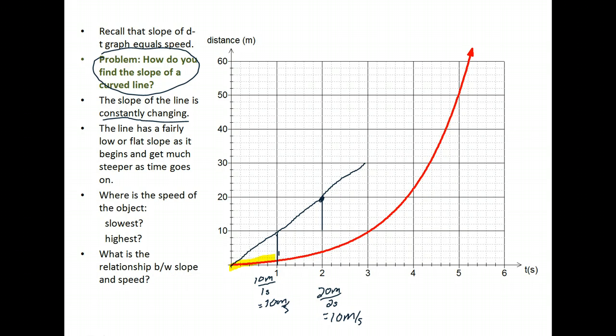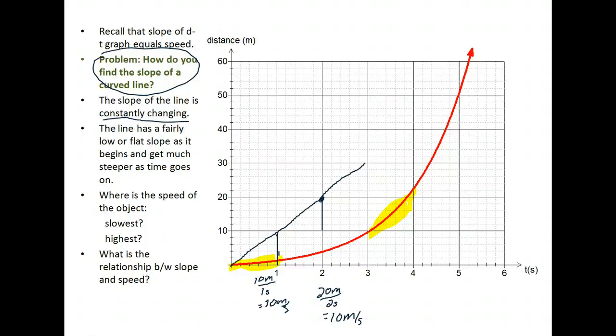So if you look at the slope here and try and compare it to another section of the graph, say here in another 1 second interval, the slope at this part is much steeper than the slope here. Now that would tell you that speed's increasing here, and it's much higher than speed back here at the beginning.